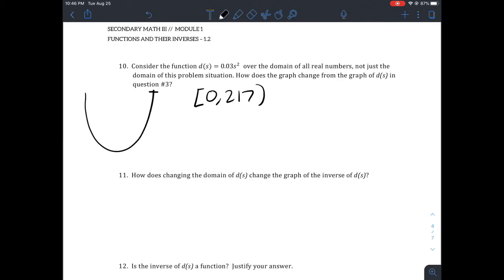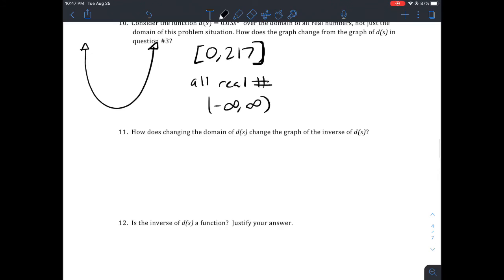Well, if you think about a regular parabola, the domain should look like that. The domain would be all real numbers, or you could say negative infinity to positive infinity.